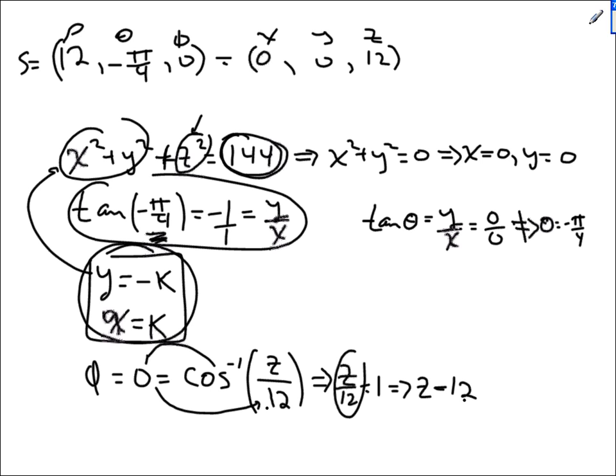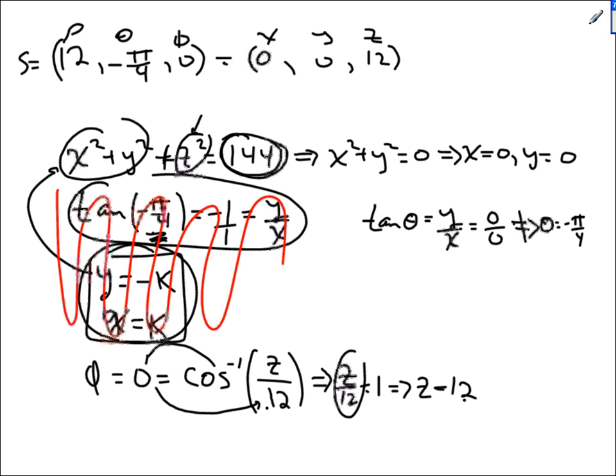In fact, we got x, y, and z independent of knowing the angle. That is, this angle here could have been anything, and it still would have been 0, 0, 12, which is kind of interesting. Sometimes it doesn't matter what the angle is.